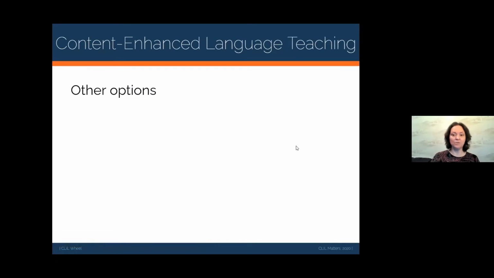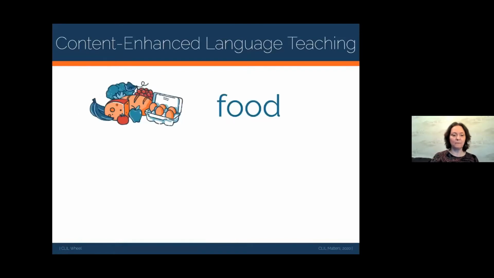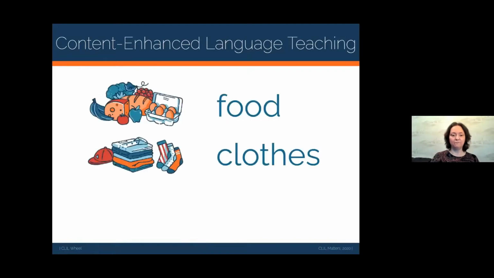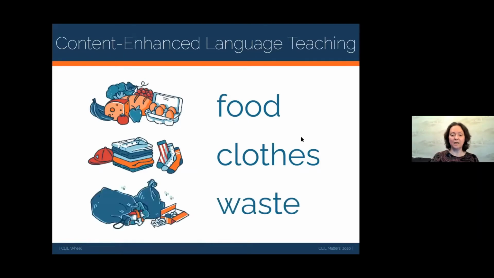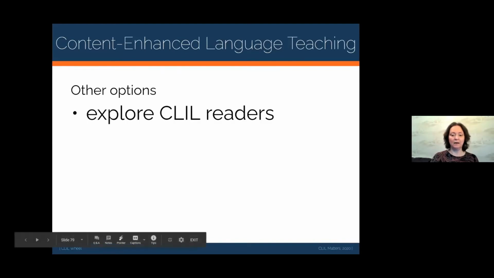What are other options that you can use if you want to do a little bit more content? You can extend your course book. For example, you talk about food or clothes in your courses. So why not move into sustainable development from there? You can use CLIL pages if your book already has CLIL pages, but it would be good to extend it into a few lessons.